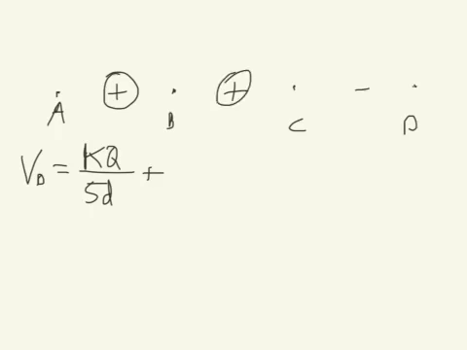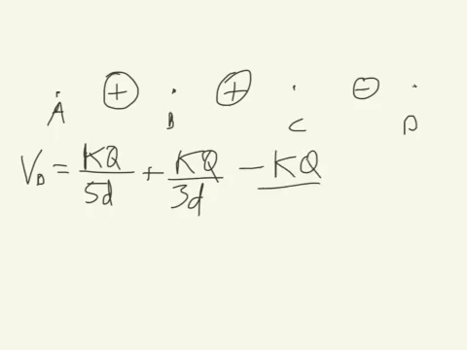And then its potential from this charge is KQ over 3D. And then its potential from the negative charge right next to it is negative KQ over D. So when we sum all those up, we get negative 0.47 KQ over D.